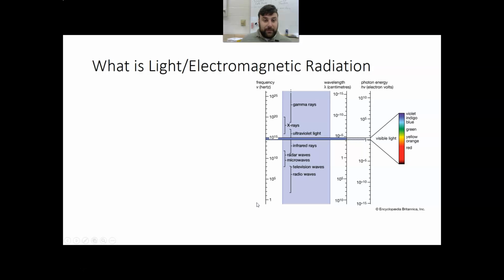So we talk about waves because that brings us into the flame test lab and the research that Bohr actually did. And the question became, well, what is light? Or more generally, what is electromagnetic radiation?